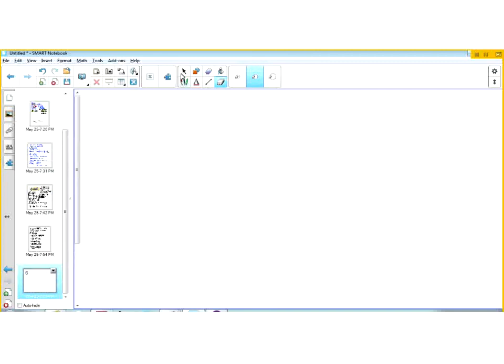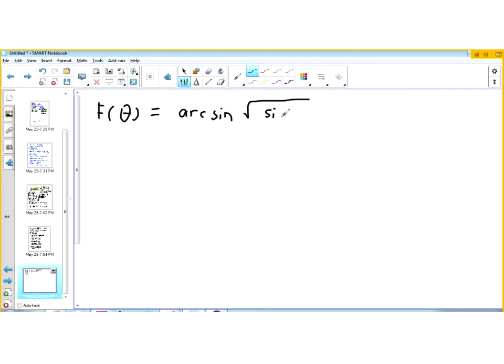All right. Okay, so let's see. How about one more problem to close out this section? How about we take the derivative with respect to theta of this function? So let's let f of theta equal arc sine of the square root of sine theta.